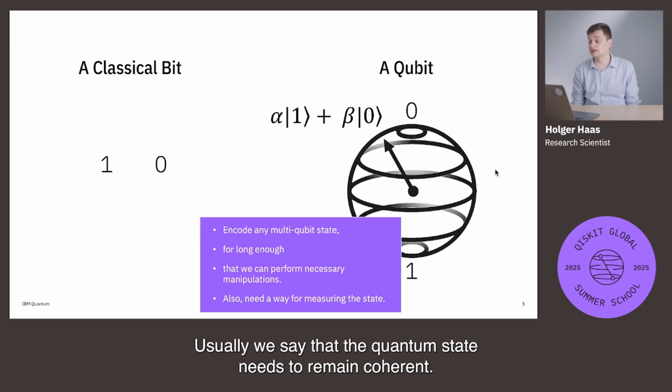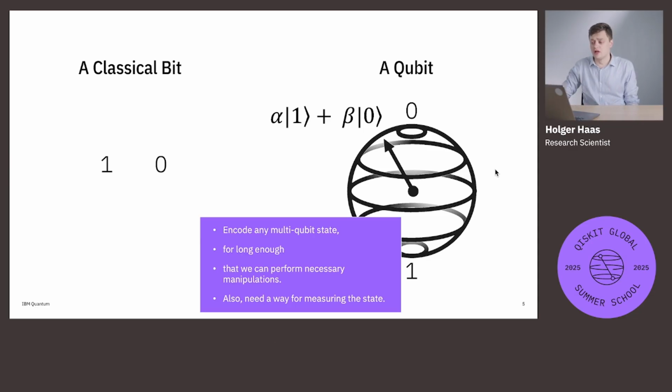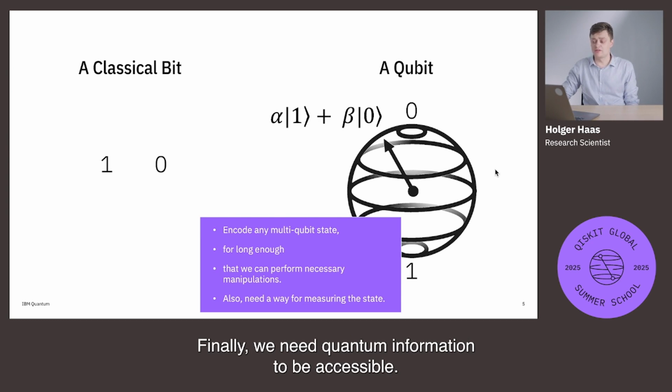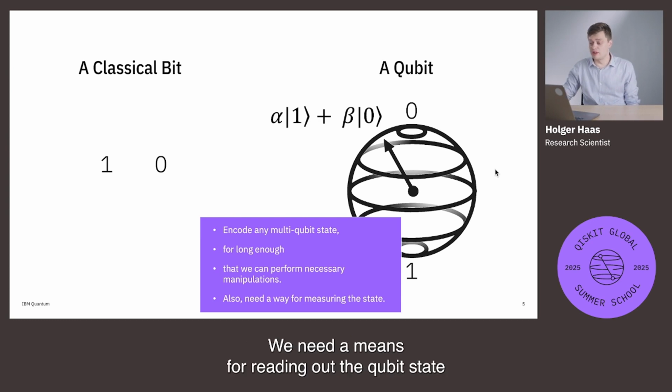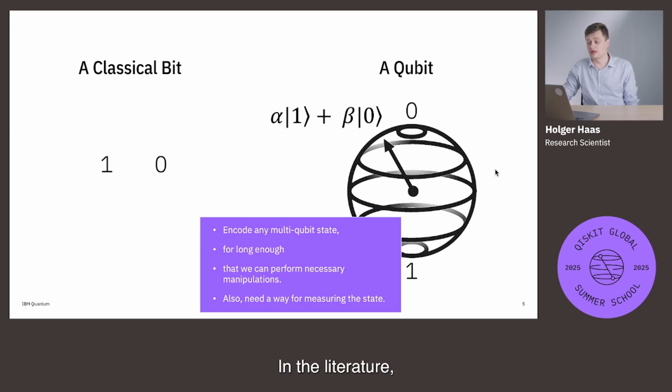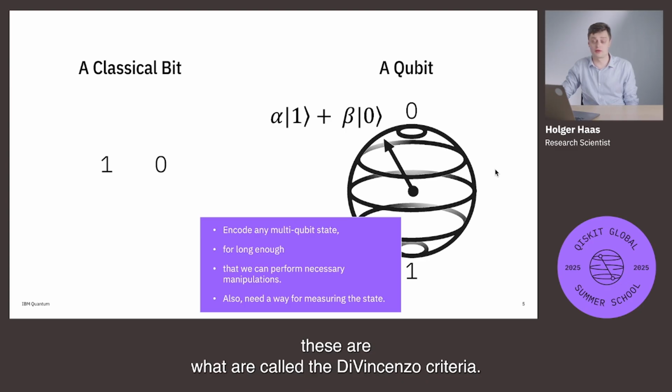Usually we say that the quantum state needs to remain coherent. Finally, we need quantum information to be accessible. We need a means for reading out the qubit state, and that has to be efficient. So all this starts to sound like a bit of a shopping list. In the literature, these are what are called DiVincenzo criteria.